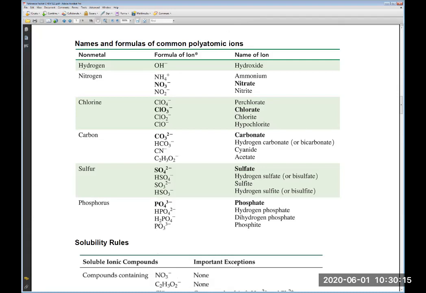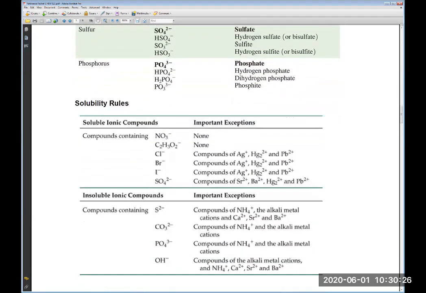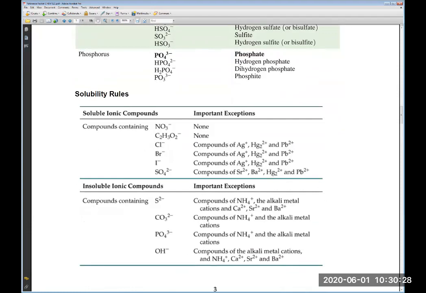It's an important one because it's what makes a compound basic, the base, so it's one that you want to recognize. It's with lithium. Let's find OH minus here. We found OH minus in the insoluble part. It usually makes insoluble compounds. Exceptions: compounds of the alkali metals, ammonium, calcium, strontium, and barium.